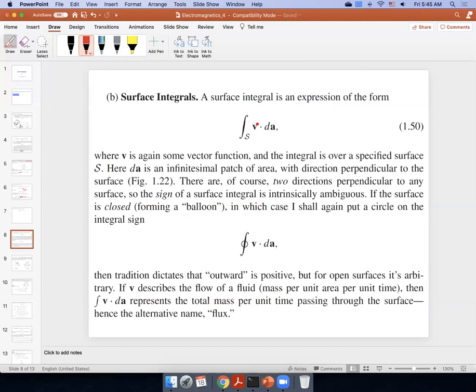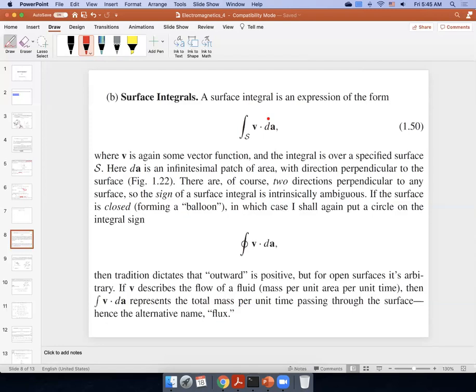I suppose you have learned the surface integral of a scalar function, then it will be easier for you to understand the surface integral of a vector function. Here it's a vector function. It has x, y, z components, and its integral is over a surface S.